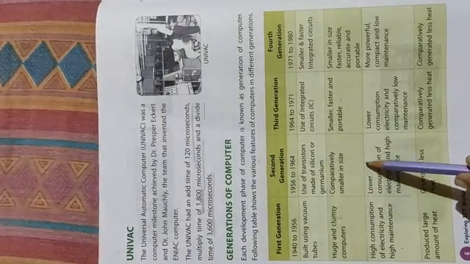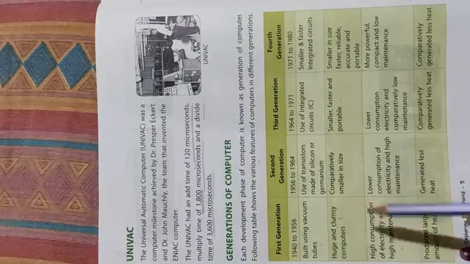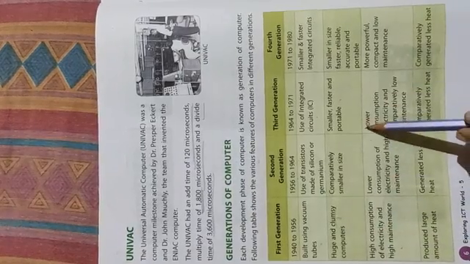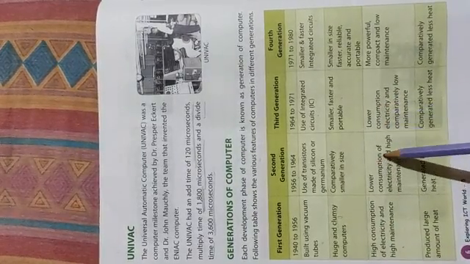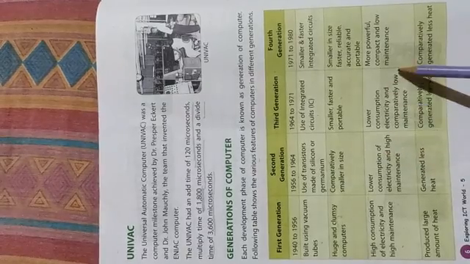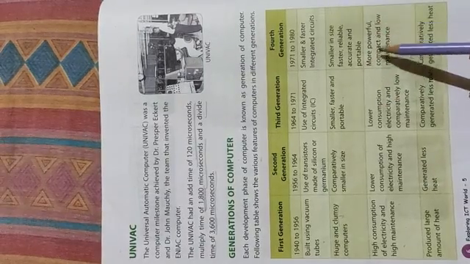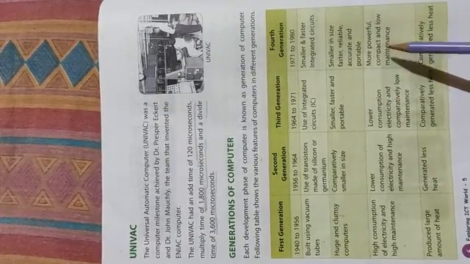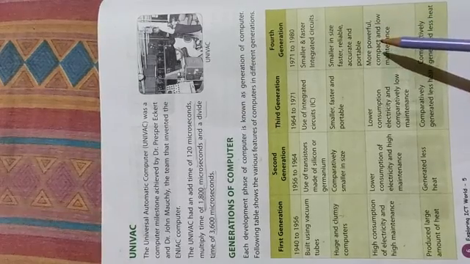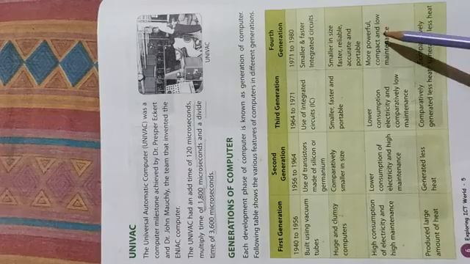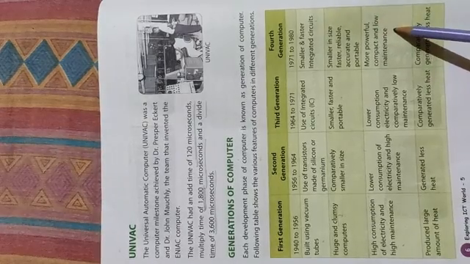The third had lower consumption of electricity compared to the second generation and comparatively low maintenance. The fourth was more powerful, compact and low maintenance. Its size is low, so consumption is also low and maintenance is also low.